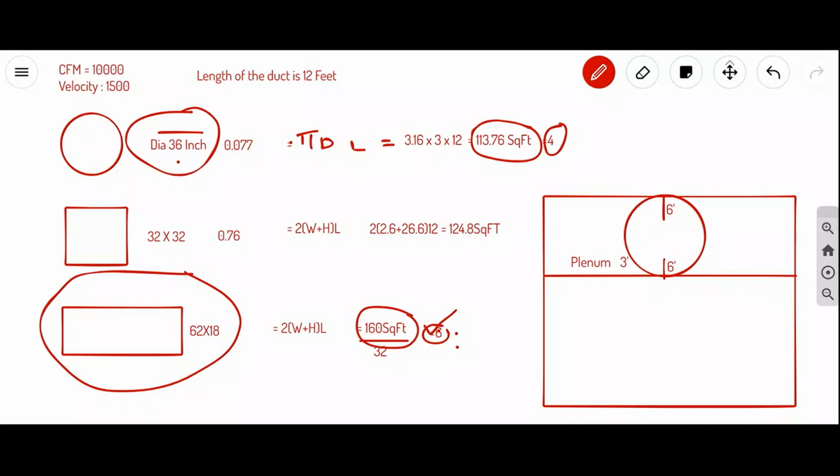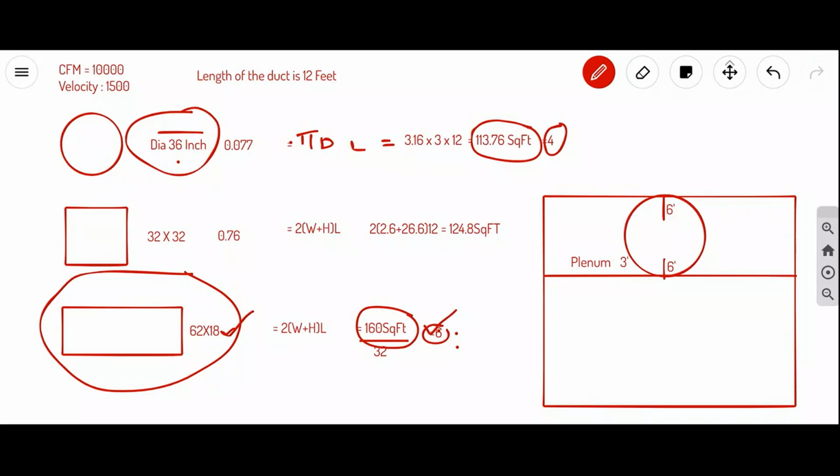So what you need to do is ask your client for at least 18 inch, 20 inch, and then ask for 24 inch. Even if you increase by 5, 6 inch, there you can create some difference, right?